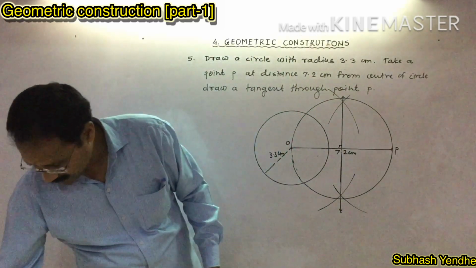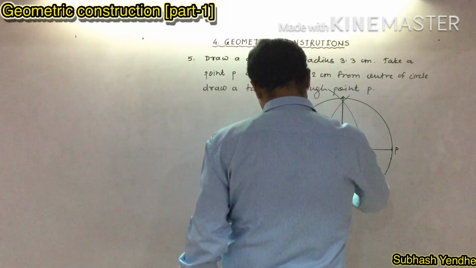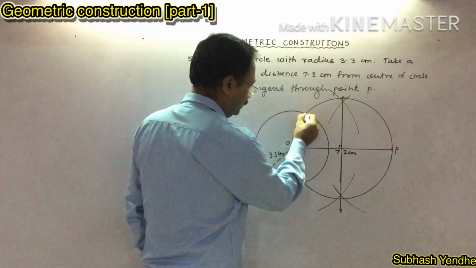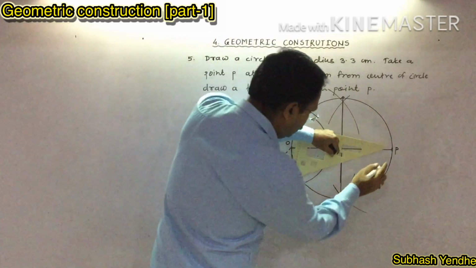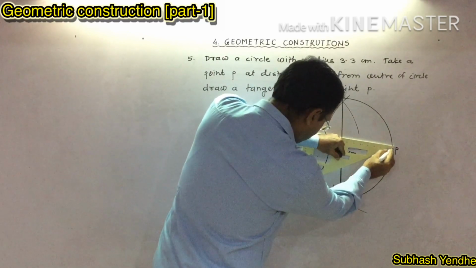See the circle? Now here it joins at the point here and here. So you have to draw the line through the point P and that intersection of the circle.